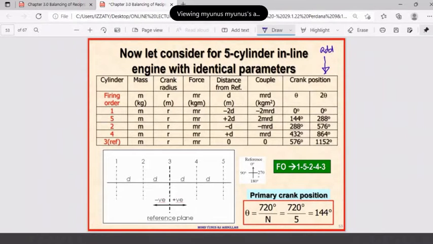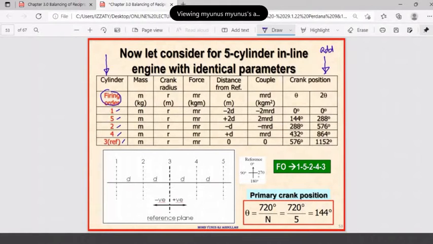For the planes, I would like to advise you to follow the firing order. Look here, 1 5 2 4 3 is given. You have all the quantities, m and r. The one you don't have is d. Remember, d is to select the reference plane. Again, there is no reference plane given, so every parameter is unknown.